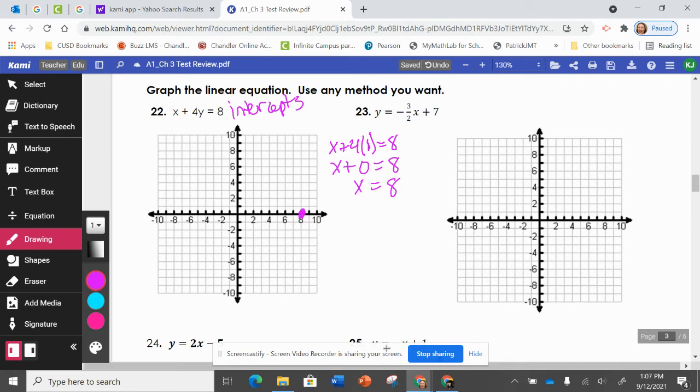So I'm going to plot that here. For the y-intercept, we plug 0 in for x. So 0 plus 4y is equal to 8. 0 plus 4y is 4y. And then divide by 4 to get y is equal to 2. And then we connect those dots. And there's the graph of our line.